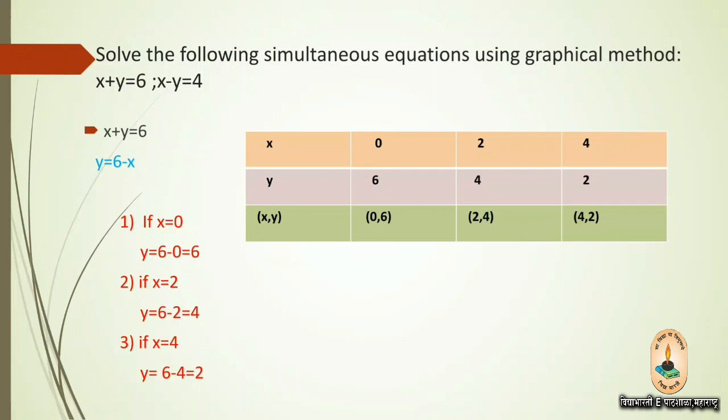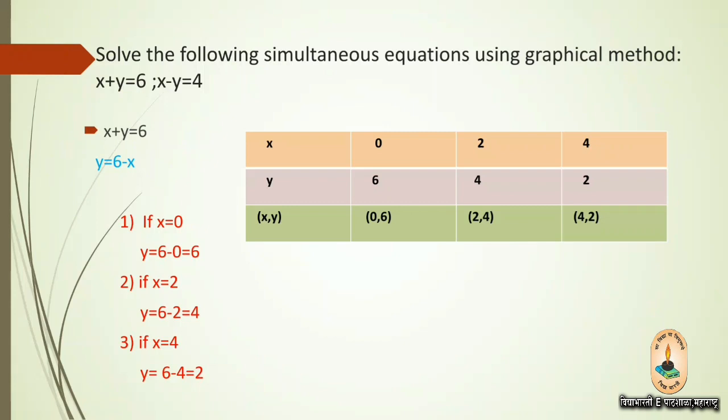Second, take x equal to 2. Then y equal to 6 minus 2 equal to 4. Then if x equal to 4, we get y equal to 6 minus 4 equal to 2.